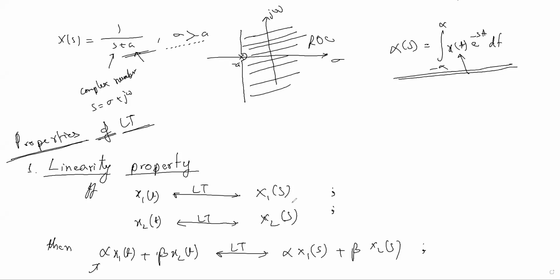Suppose x1(t) has the ROC as R1, and x2(t) has ROC as R2. And then what will be the ROC after multiplying and adding these two signals?